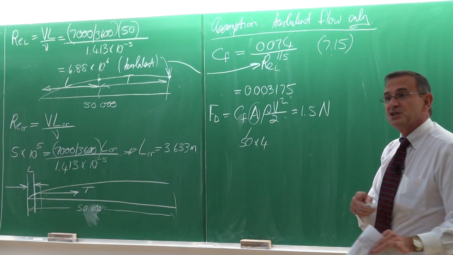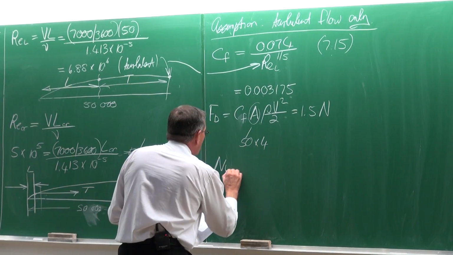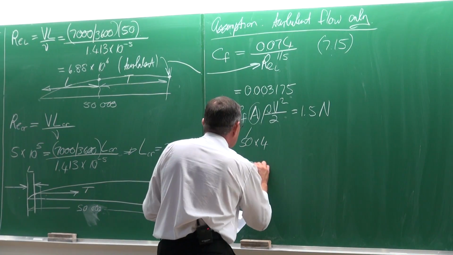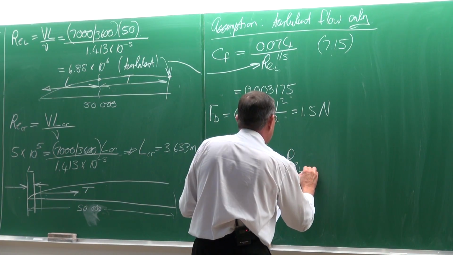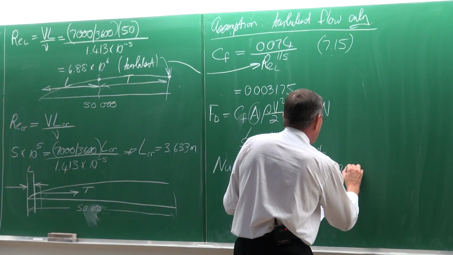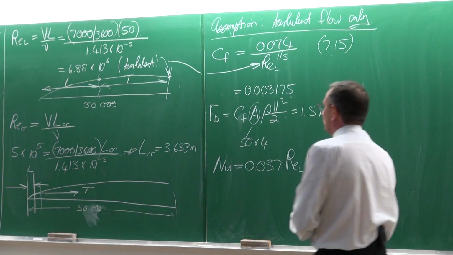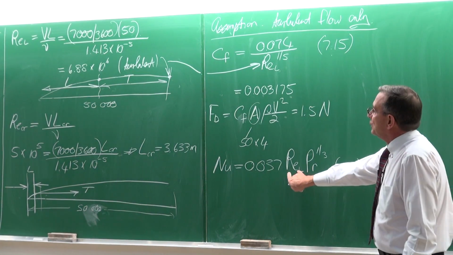Right, but we are more interested in the heat transfer. So for the heat transfer, again, we look at the equations, and we select the equation which is for turbulent flow only, and that is equation 7.22 in the textbook. I'm quite sure you can do it yourself.